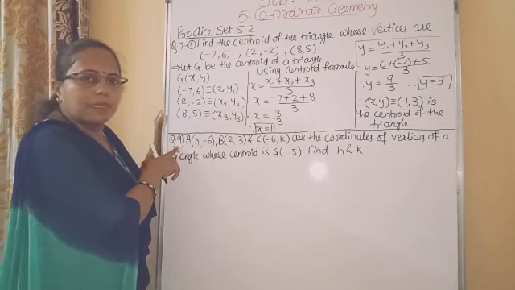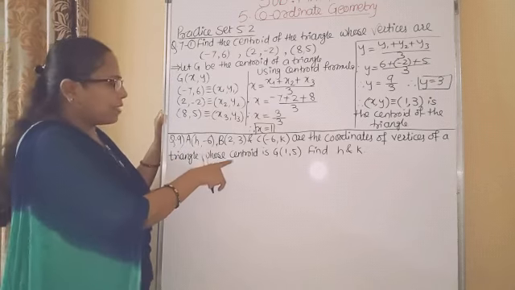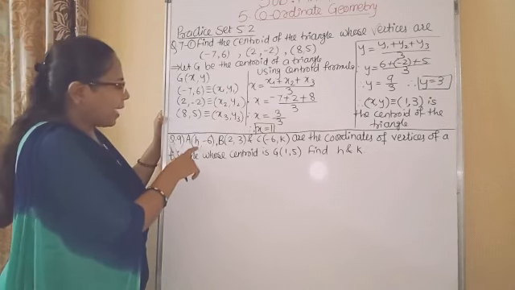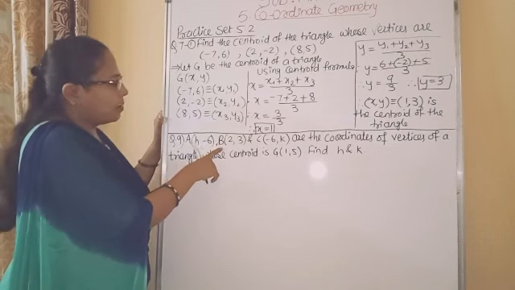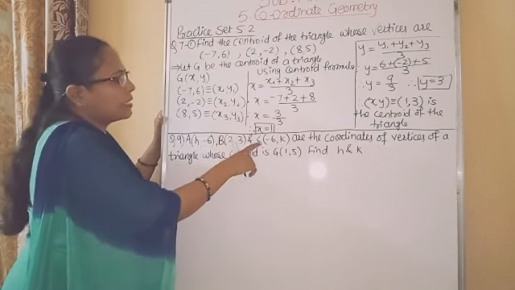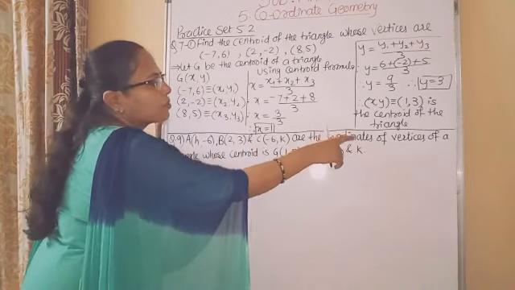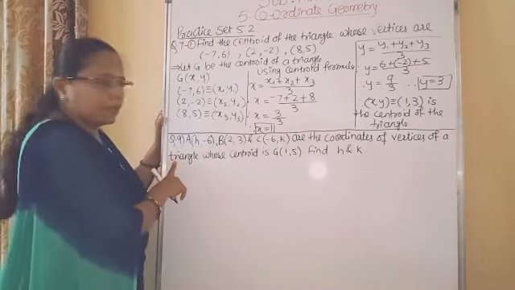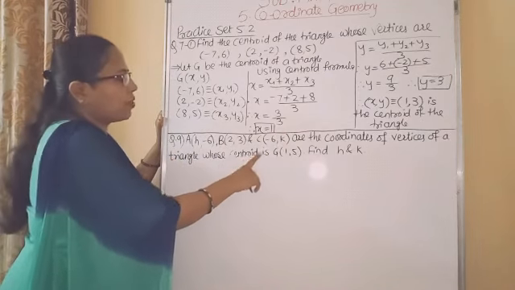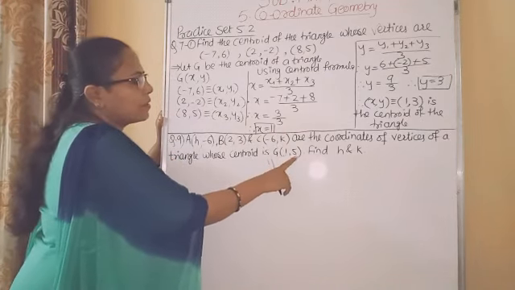Now question number 9. Related to centroid only. A(h, -6), B(2, 3) and C(-6, k) are the coordinates of the vertices of a triangle whose centroid is G(1, 5).